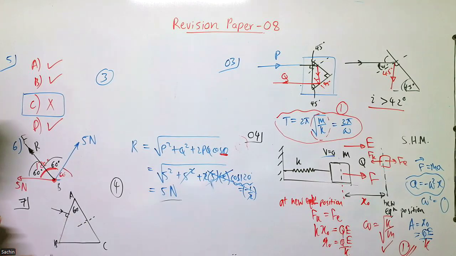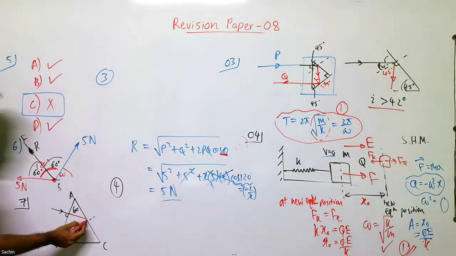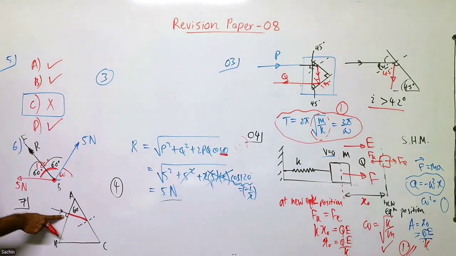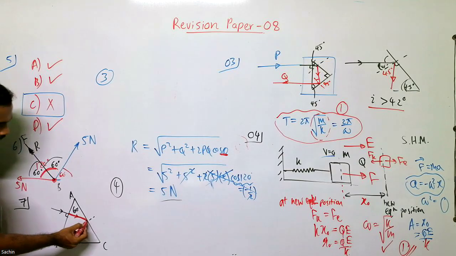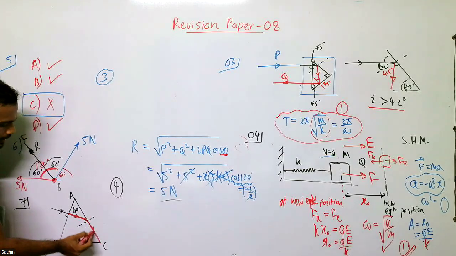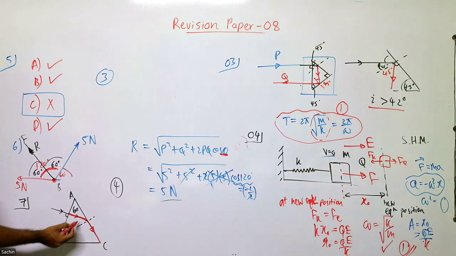When this light ray enters through AB normally, there will be no deflection. First of all, you have to identify that there will be no deviation at this point because it is coming along the normal. So when it hits the surface AC, it will go along the AC surface. That means this should be the critical angle, right? This should be the critical angle.